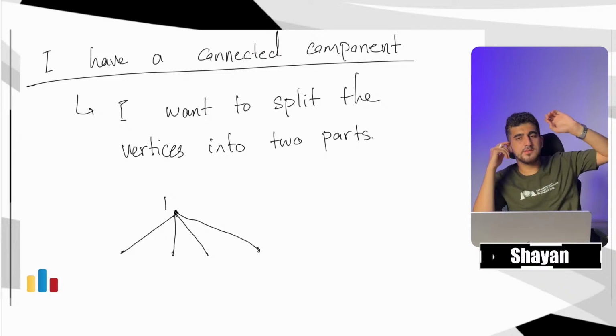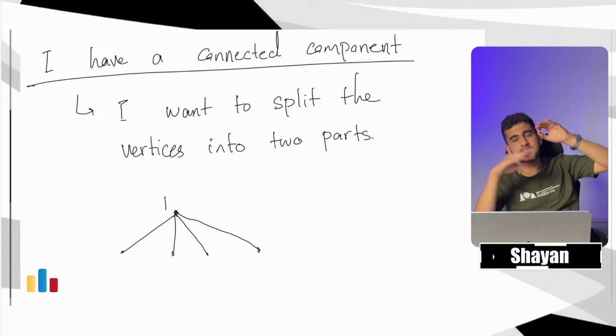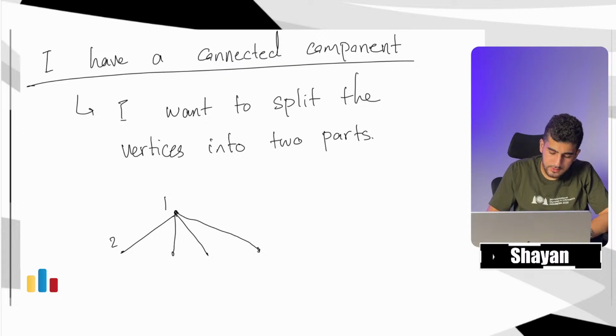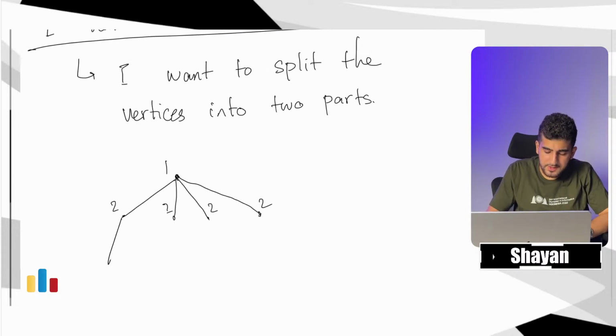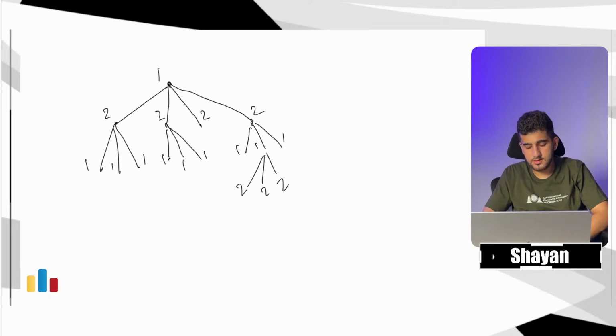I pick a random vertex, I say that, okay, you are at group 1. And then for all its neighbors, I put them in group 2. And for all the neighbors of neighbors, I put them in group 1. And so on. Again, for all the neighbors of neighbors, I'll put them on group 2 and so on.